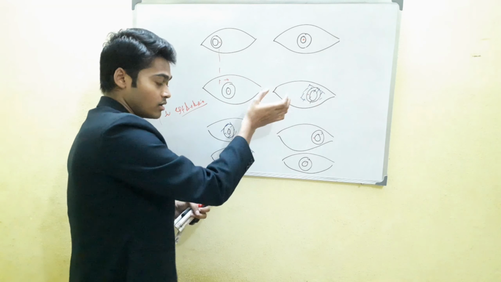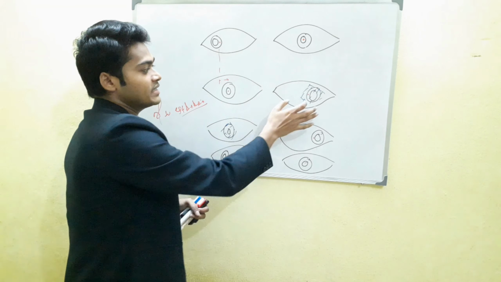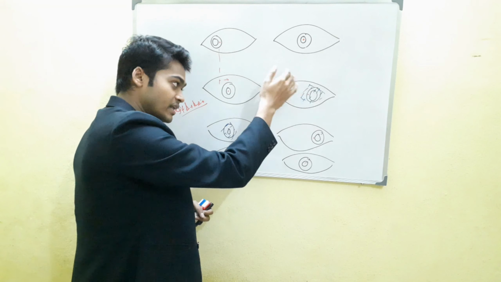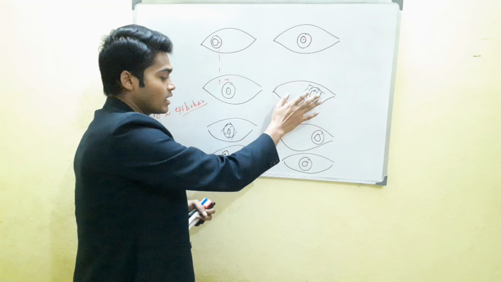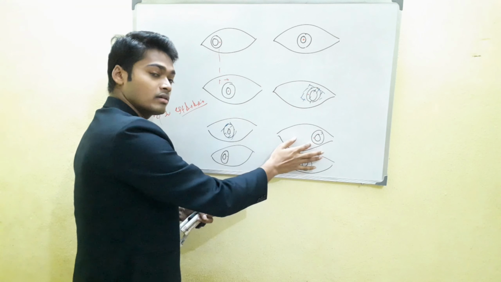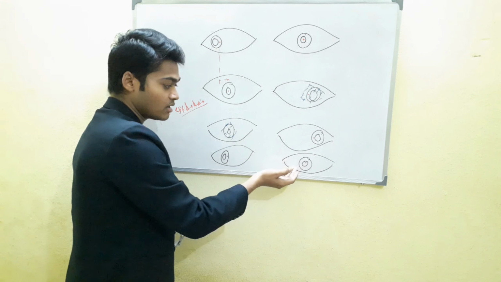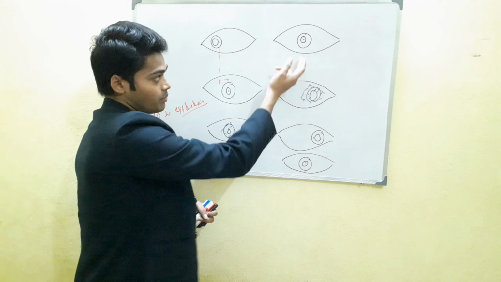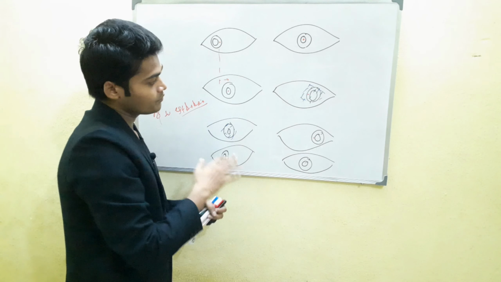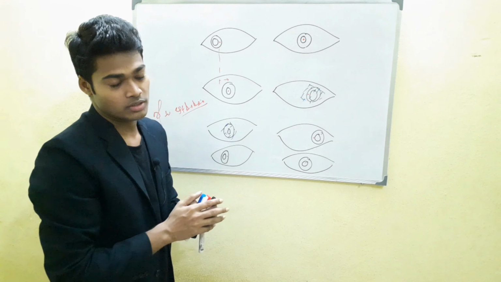When we uncover or remove the occluder, there is a possibility that they remain at the deviated position. As we put the occluder here, they again become the fixating eye as before. So this is the case of alternate occlusion.